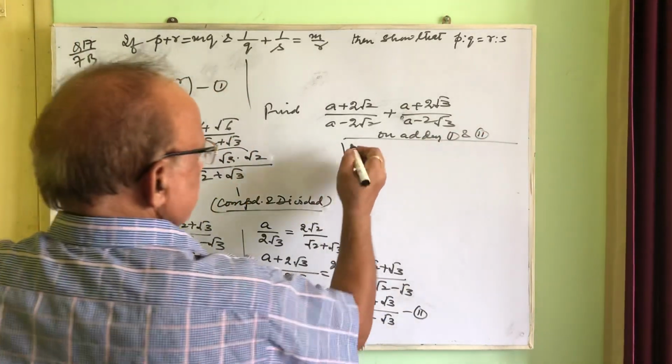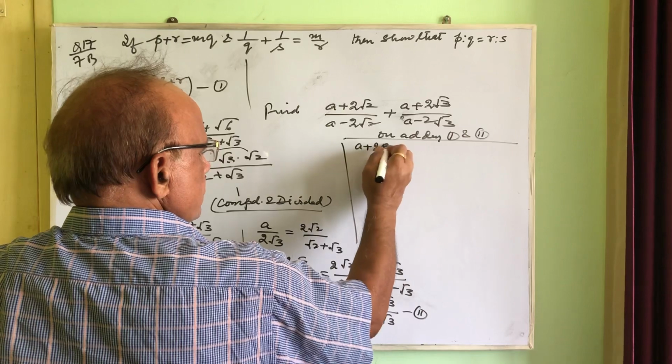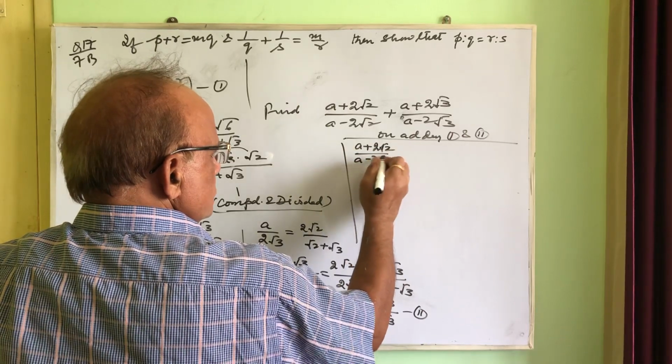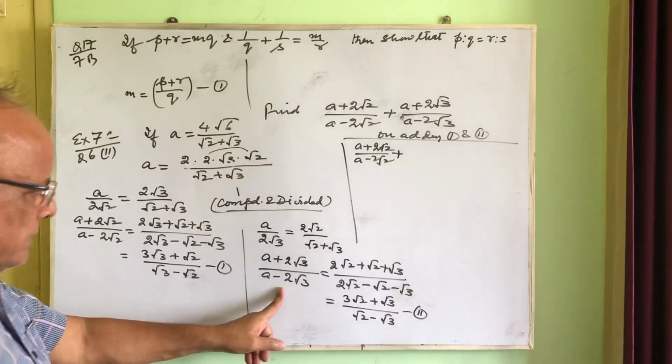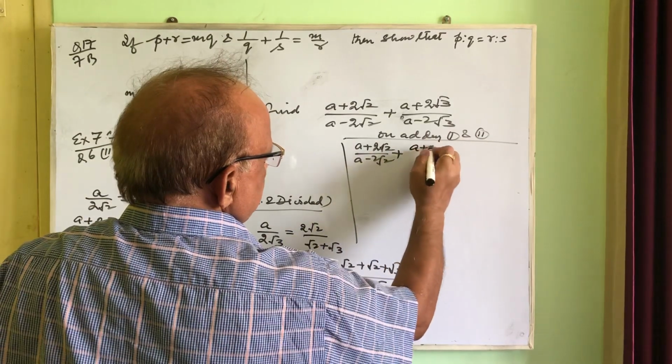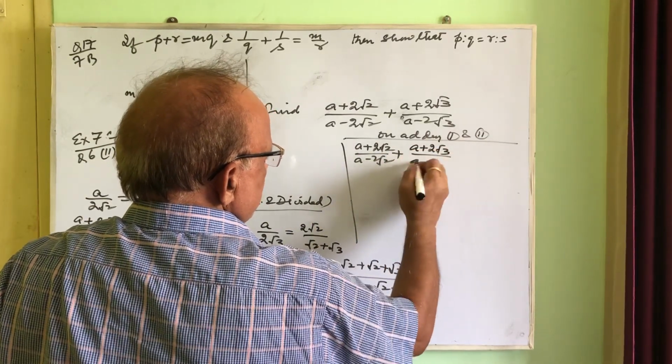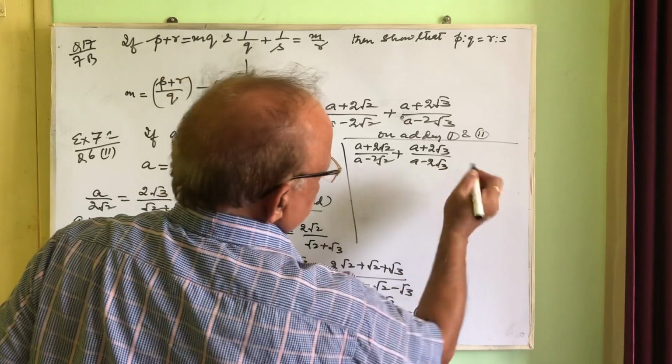Now on adding first and second, the left sides are a plus 2 root 2 by a minus 2 root 2 and a plus 2 root 3 by a minus 2 root 3.